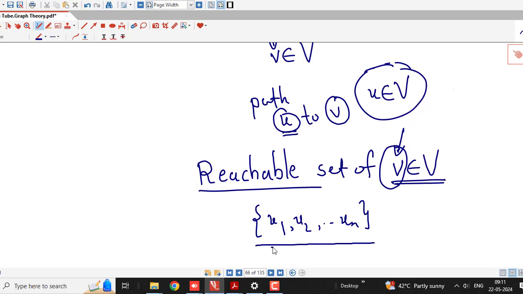That set is called the reachable set of vertex v, and we will use the notation R of v for it.